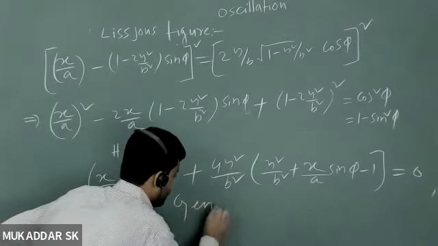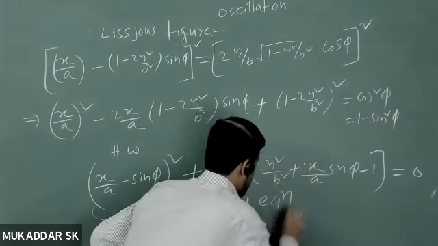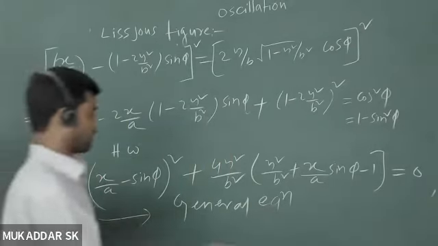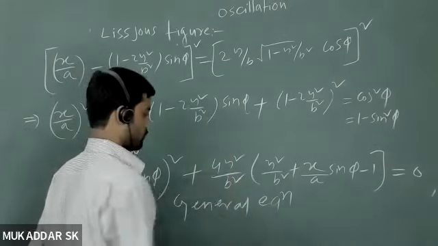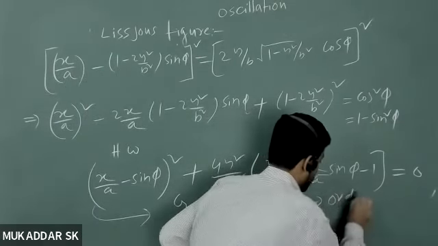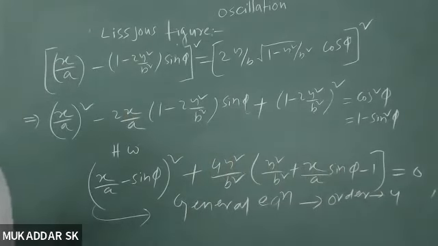So this is the general equation, and you can see how much will be the order of this equation. Order means maximum power. Maximum power is how much? Y to the power 4. So the order of this equation is basically 4.